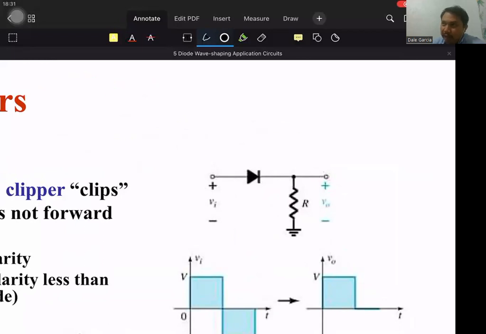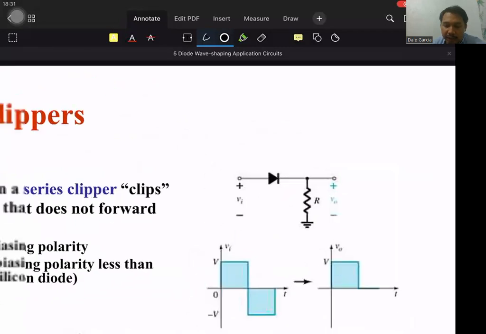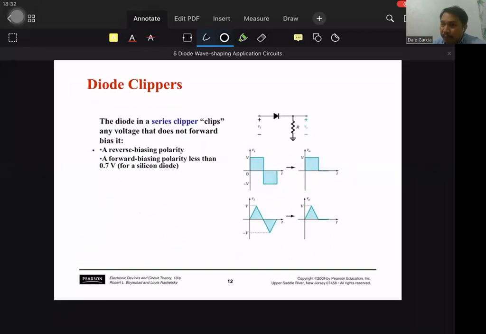Ang full wave, dili man, kay wala. If you notice, sa full wave rectifier, wala may na-clip away, di ba? Wala may natangtang. For the half-wave rectifier, na-clip away ang negative half cycle. So, a half-wave rectifier is an example of a clipper circuit. But there are many other clipper circuits that we could build or create.